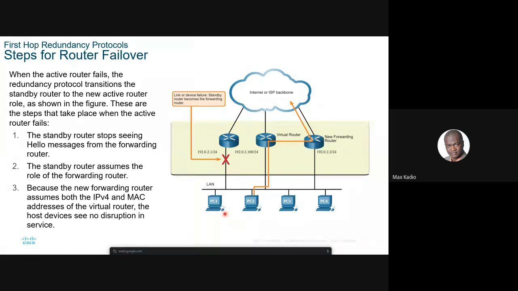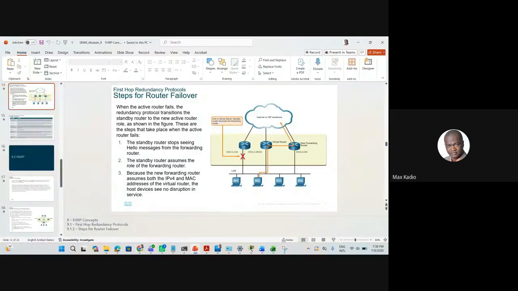So the solution is what? R1 and R2, we're going to combine them in one router called a virtual router. Like we put R1 and R2 in one box.